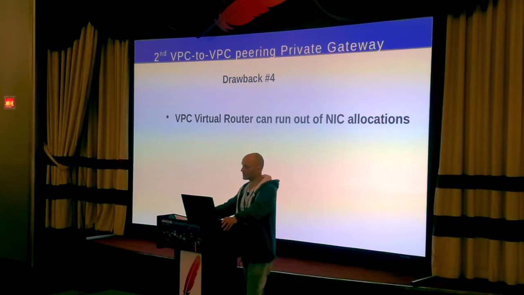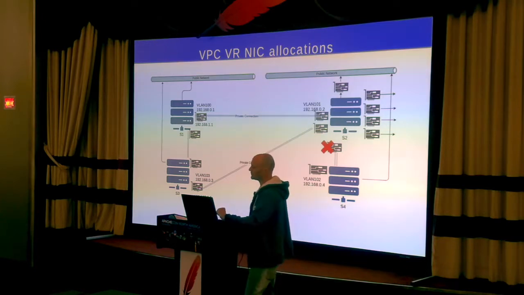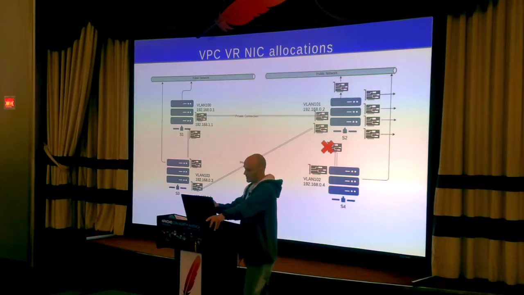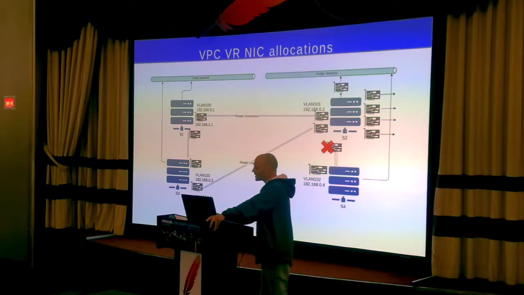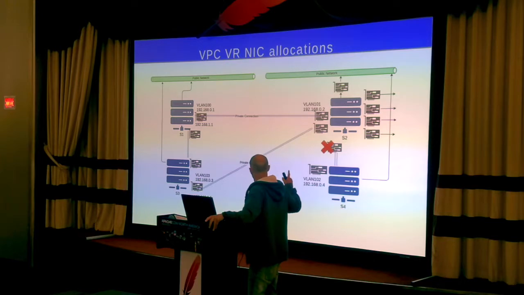This is what happened when trying to peer 4 VPCs: you start running out of NICs on the virtual router. In this case, we need 6 gateway connections. That means three NICs and VLANs per VPC private gateway on the virtual router.